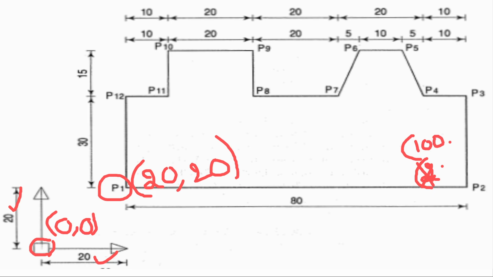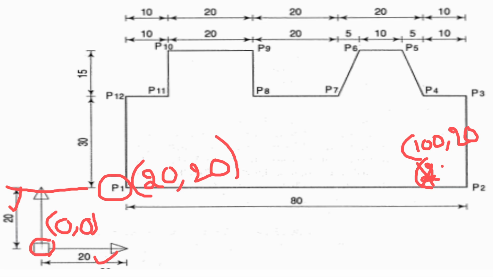In the X direction it is 100. Now if we consider along the y axis, the P2 to origin distance is only 20. You can see the origin to P2 distance is only 20.